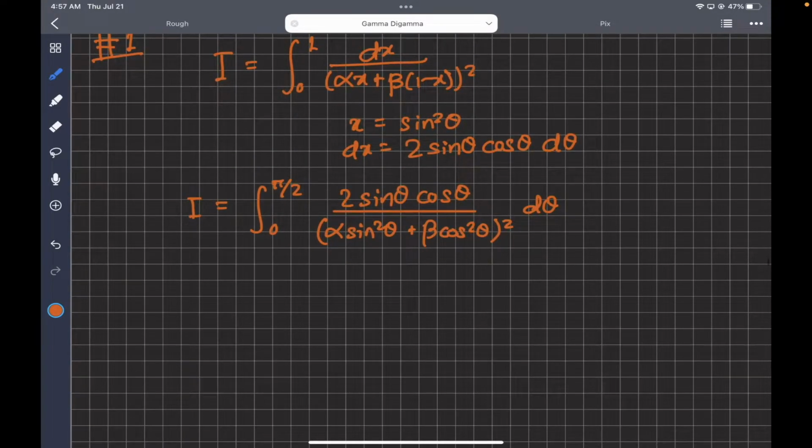What we can do now is divide by a cos to the fourth. So if we divide by a cos to the fourth, assuming I have a cos to the fourth, I can write one cos here and then a cos cube there.